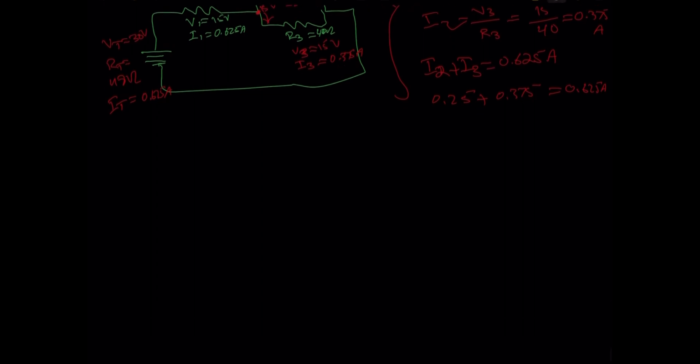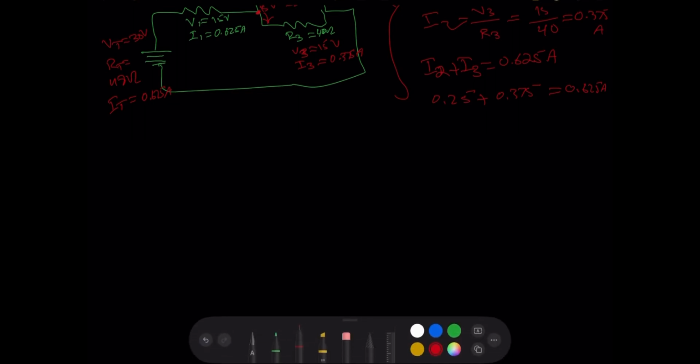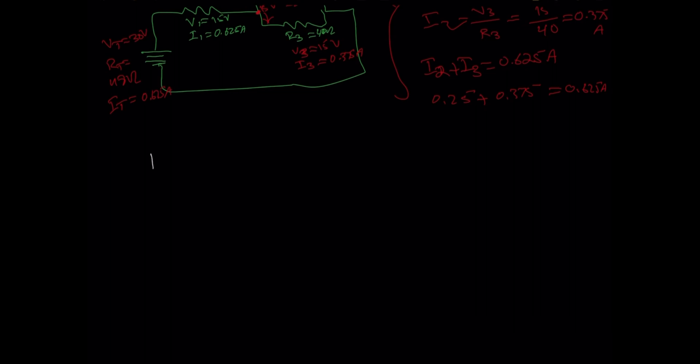Now let's find power in each individual resistor and the total power also. Let's use white color here. So PT, find the total power. Since we have an I and we have a V, we can use this formula, which will be IT times VT.